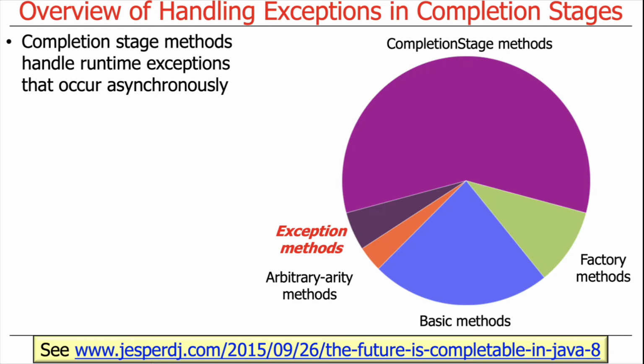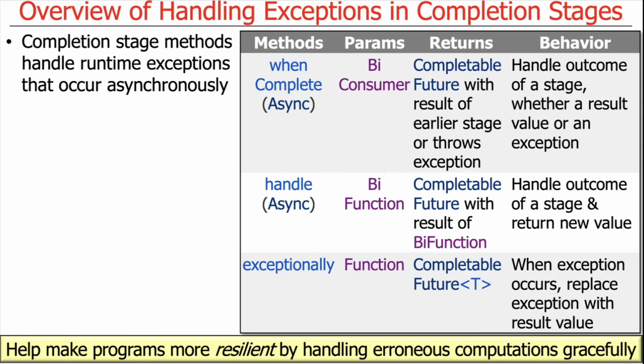Let's take a look at some of the nuances here. Here are the methods that are defined. We have whenComplete, and there's an async variant. There's a handle method and an async variant, and then there's an exceptionally method and an async variant that came along in a later version of Java. We'll talk about that later.